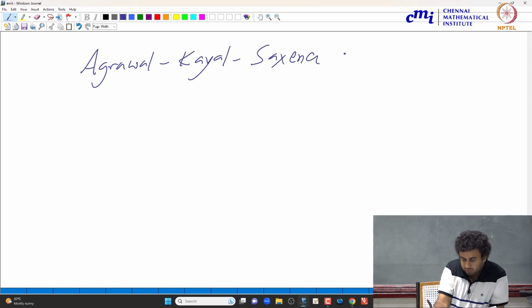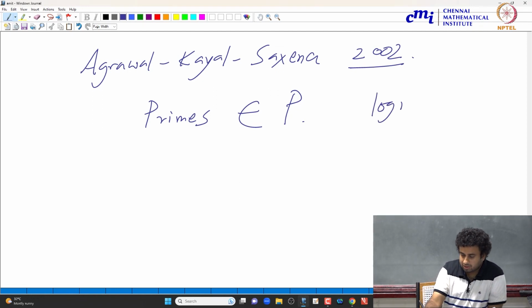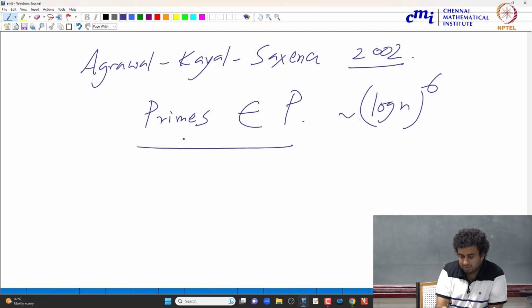In 2002, three Indian computer scientists, Manindra Agrawal, Neeraj Kayal and Nitin Saxena, showed that there is a polynomial time algorithm to test primality. Their algorithm's running time was around log n to the power 6. Before that, like I told you, there were randomized polynomial time algorithms for polynomial identity testing, and randomized algorithms were known for primality also.